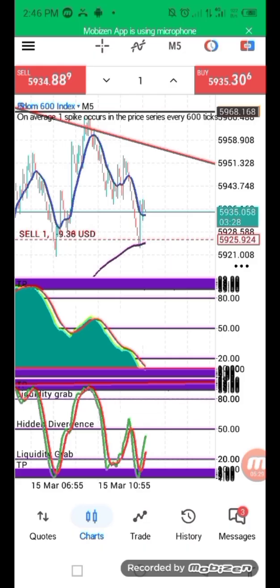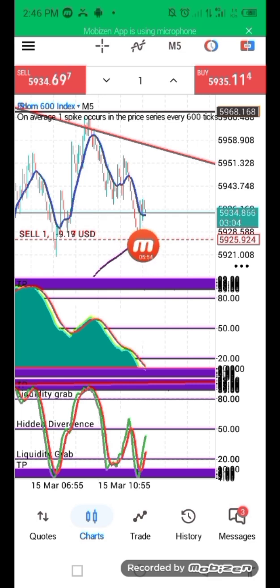The exponential moving averages act as either support or resistance. This is a bit of a late entry, but if I was scalping, this moving average would have been my TP. If you look at it, the market spiked exactly at the moving average.